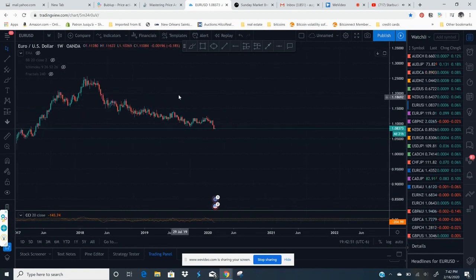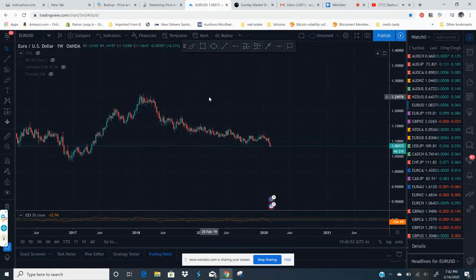So the highs has been, yes, that's the highs they did. It went into an order block. That area right there is an order block.